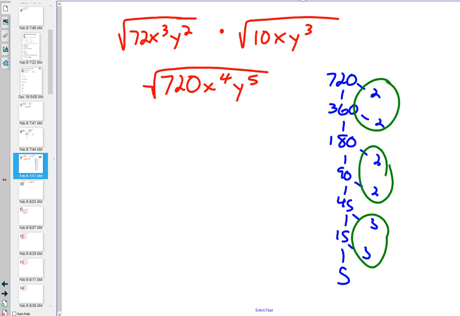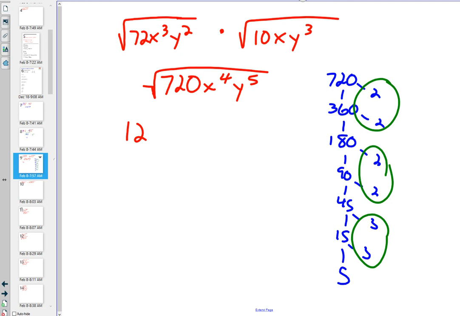What's coming out? 12 would be good. 2 times 2 times 3 is 12.